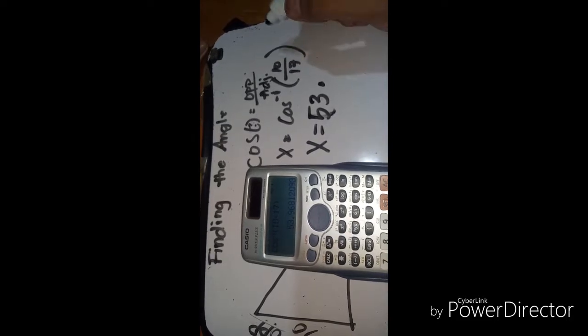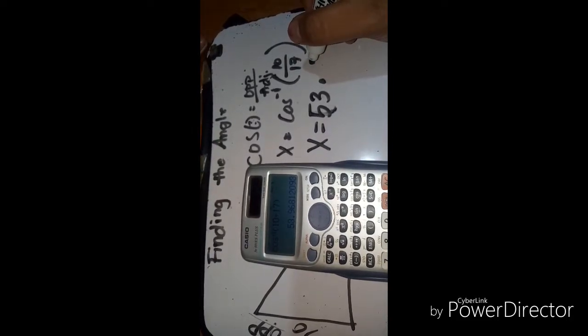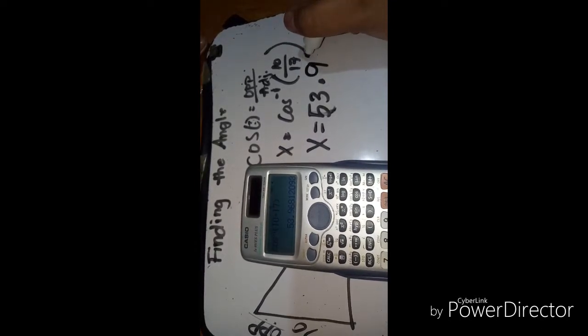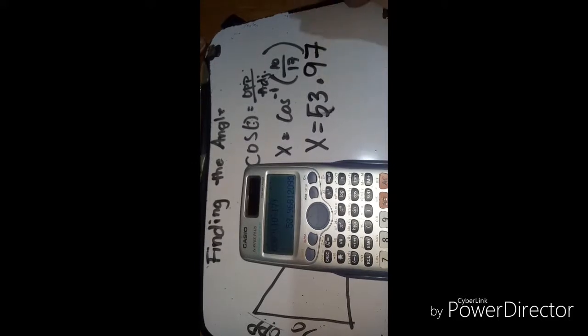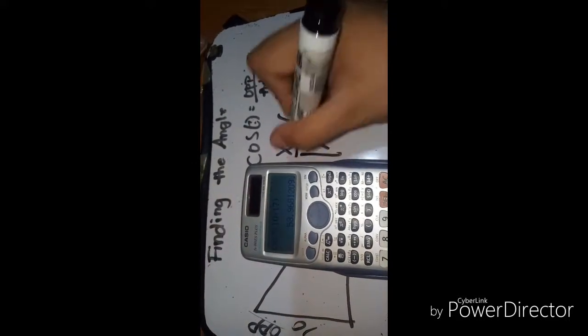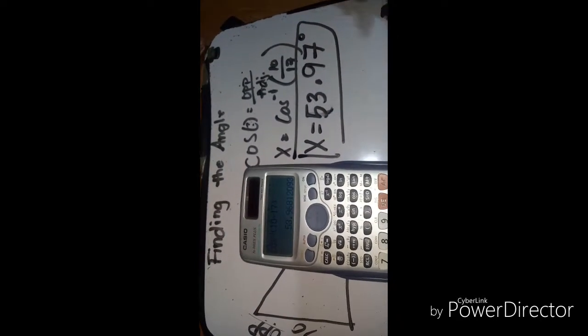We're going to round it up because the next number is greater than 5, so it will be 53.97. So this is our angle, 53.97 degrees.